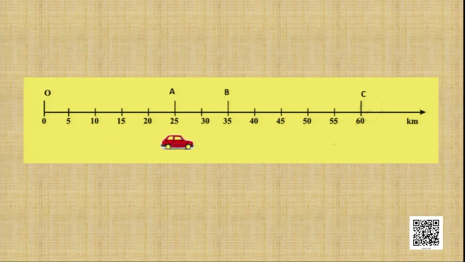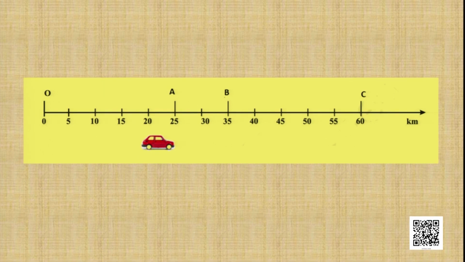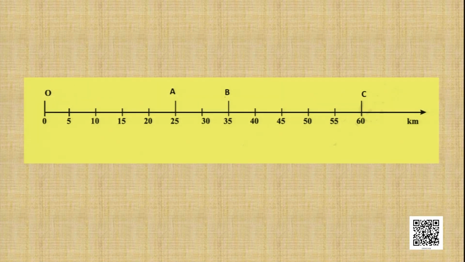I start from O and go to point A. My distance traveled is 25 km, and if I calculate my displacement, that is also 25 km, because I am moving in a particular direction, from O to A. But if I reverse my direction and come back 5 km from A towards O, are the distance and displacement the same? The answer is no.